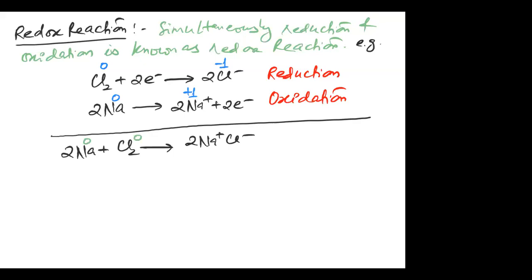So from here it is Red, and from here you can choose OX, and this complete reaction is known as a redox reaction, in which we have reduction as well as oxidation.